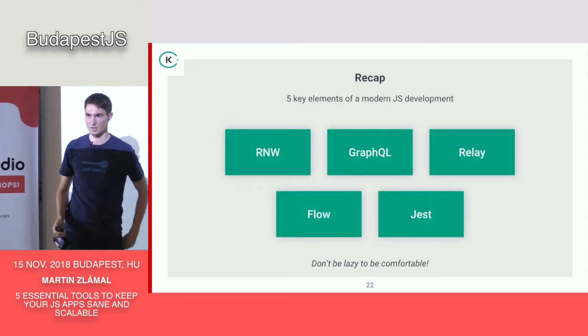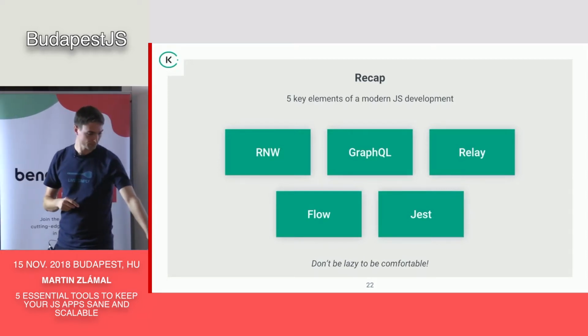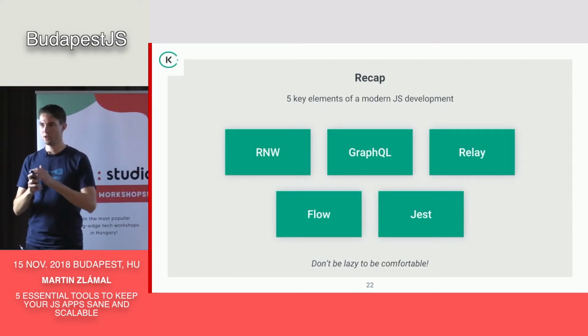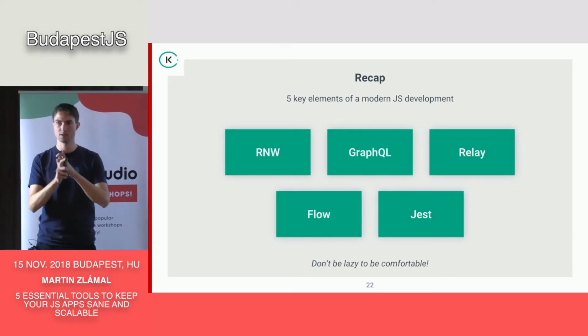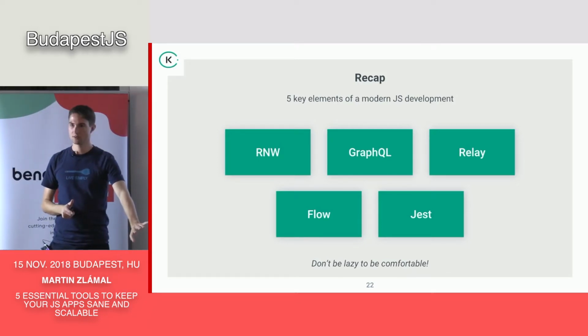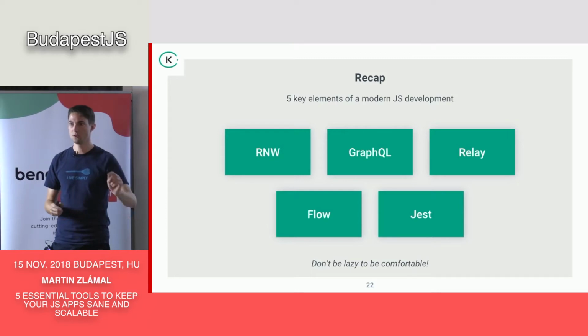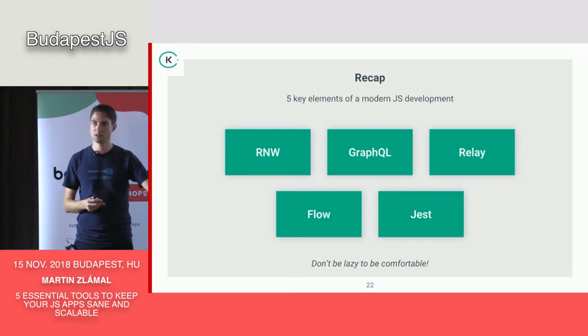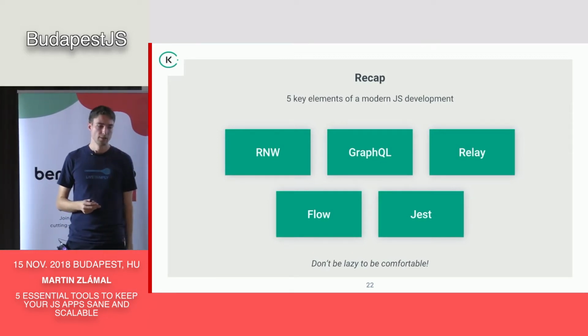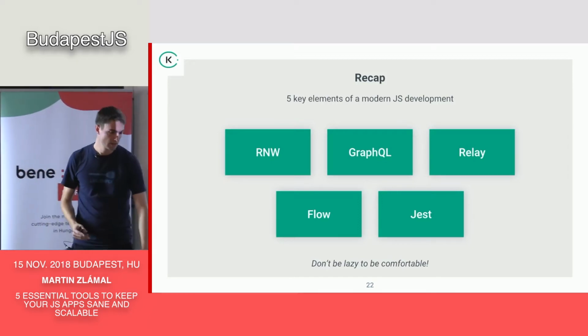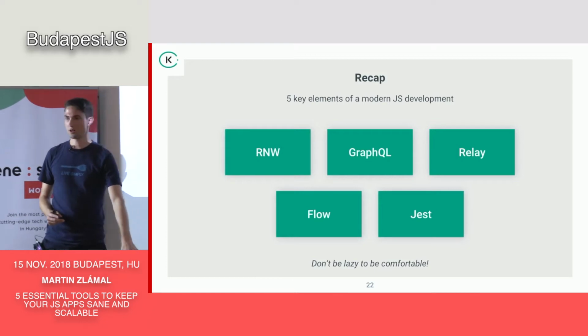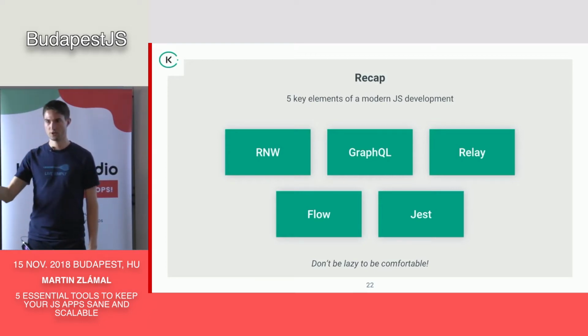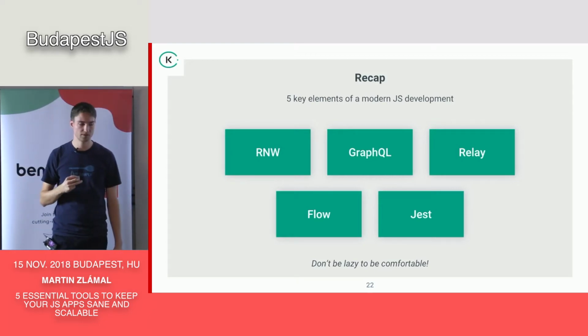But let's recap it for the last time. So we do have React Native Web. React Native Web helps us to write one React code, do some platform tweaks, because it cannot run everywhere just by default, but then you can run it natively in iOS, Android, and website. Reusability is good, so this should be pretty obvious. Now, we do have GraphQL in order to fetch the data in a clever way from our server.